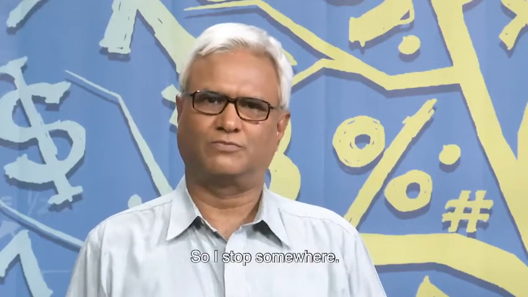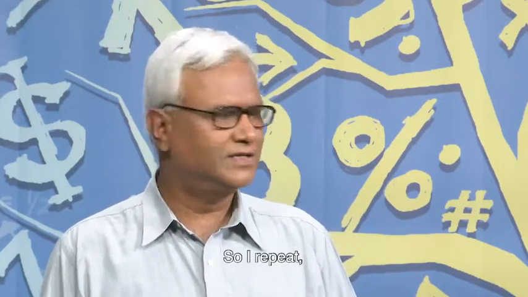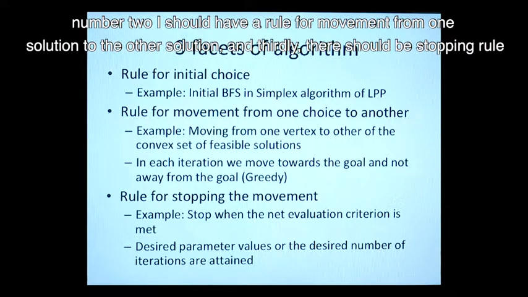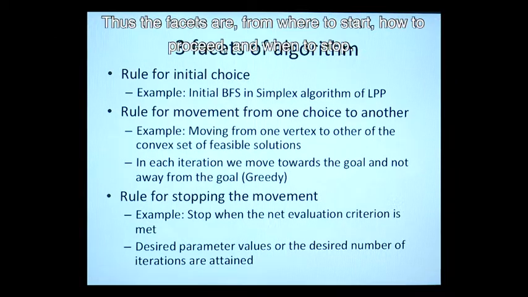So, I stop somewhere. I repeat, the three facets of an algorithm are these. Number one, I should have a rule for initial choice. Number two, I should have a rule for movement from one solution to another, and thirdly there should be a stopping rule. The facets are: from where to start, how to proceed and where to stop.